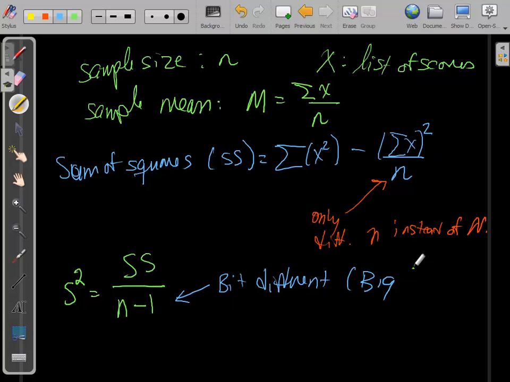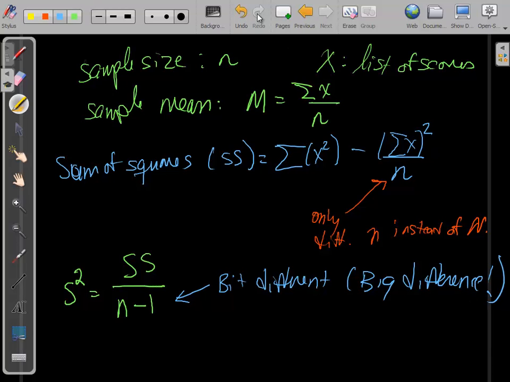In this video I want to explore the reasons why we're dividing by n minus 1 instead of just the sample size, and explain some reasoning that's intuitive and some that's definition based. So the big question is, why is it 1 less than the total?